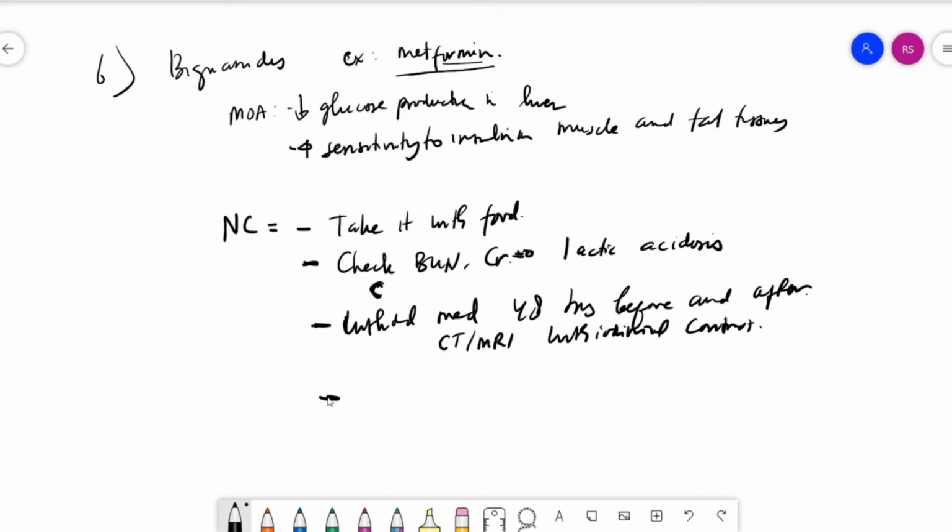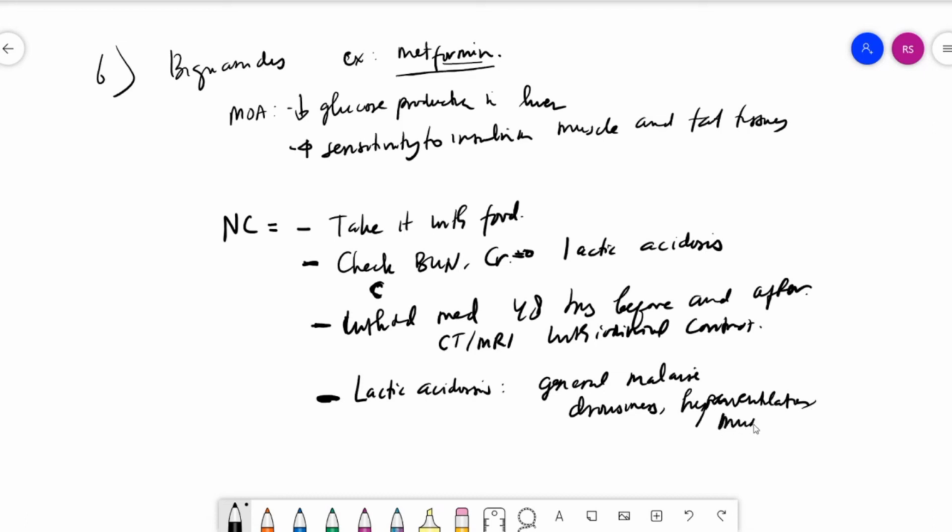And lastly, since this drug can cause lactic acidosis, you want to teach the patient signs and symptoms of lactic acidosis, such as general malaise, drowsiness, hyperventilation, and muscle pain.